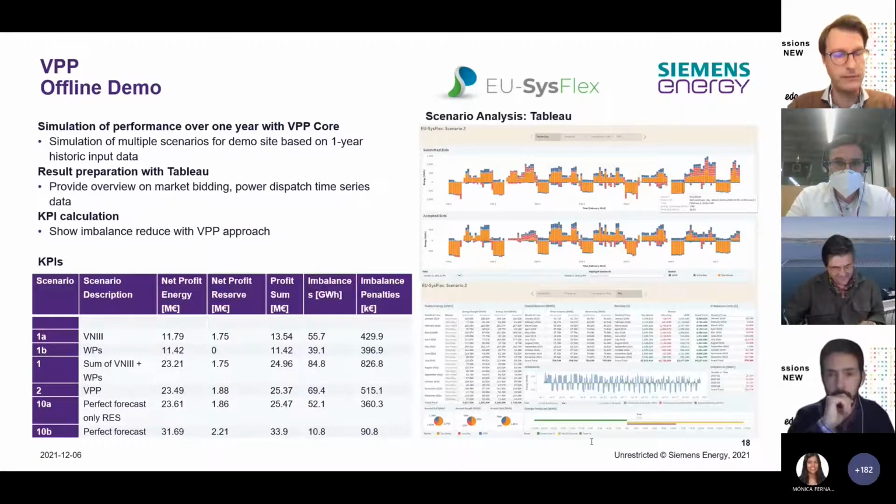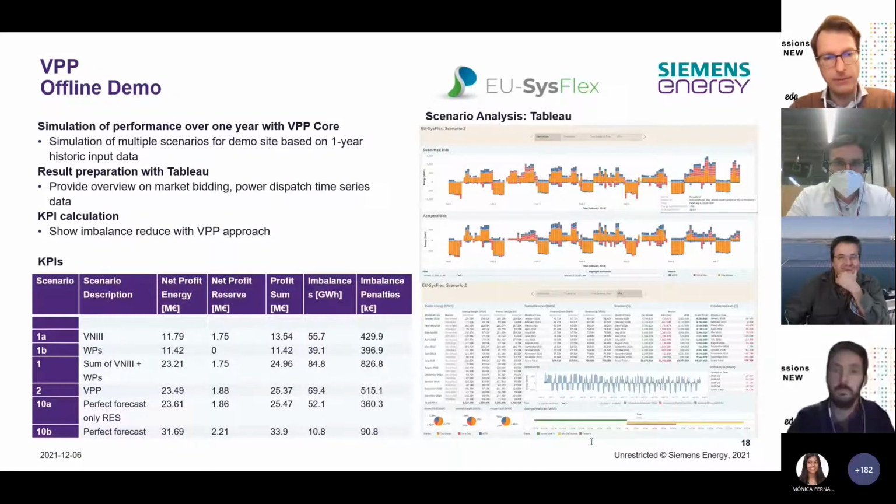The first scenario covered the individual run of A, the wind number 3 plant by itself, and B, the wind farms by itself. That was our baseline scenario.